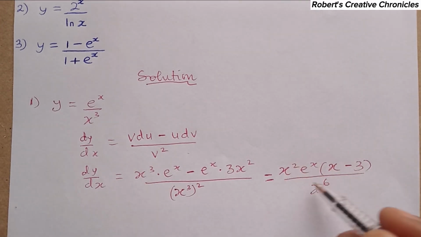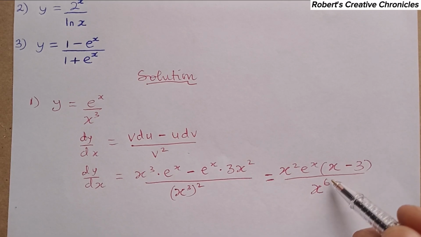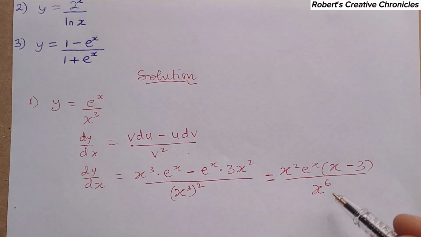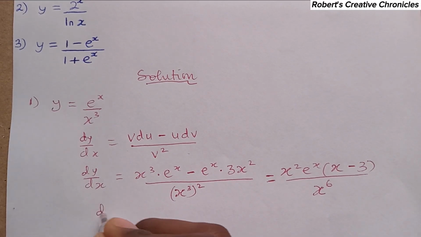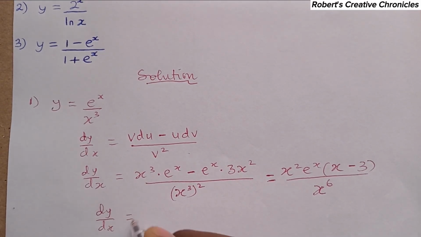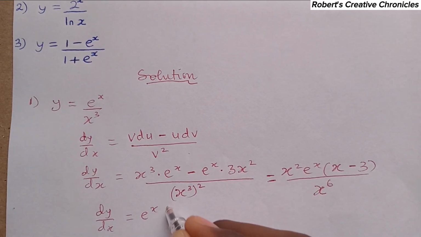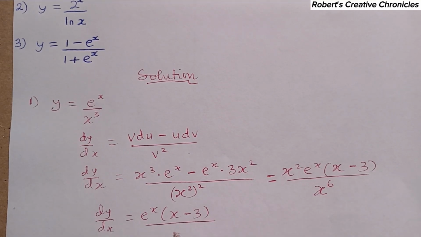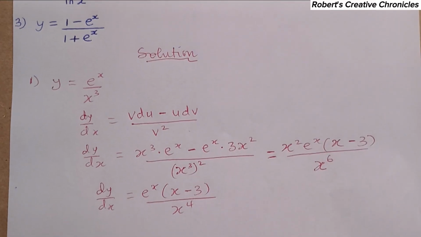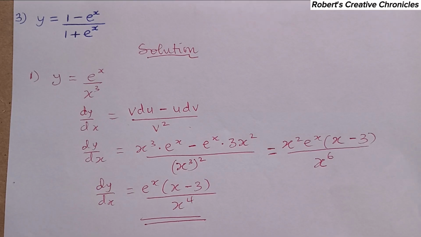Now this x squared and x squared will cancel, and here will remain x raised to the power of 4. So dy/dx will become exponential x times (x minus 3) over x raised to the power of 4. This is the final answer.